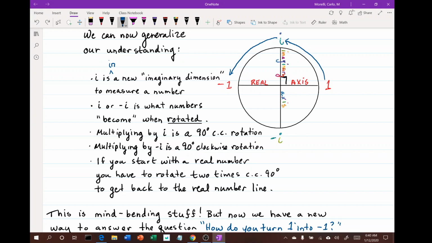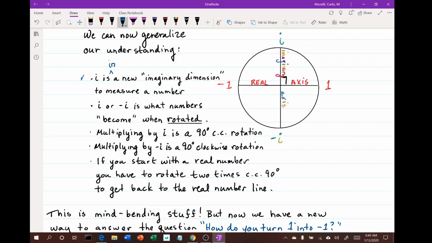So to get from 1 to negative 1, you don't subtract 2 in this example. You multiply your way to negative 1 by multiplying 1 times i, and then i times i. So you rotate your way to negative 1. Okay. So we went over this. i is a new imaginary dimension.